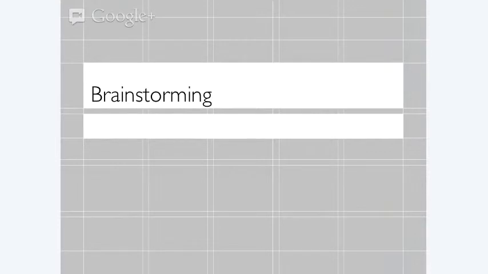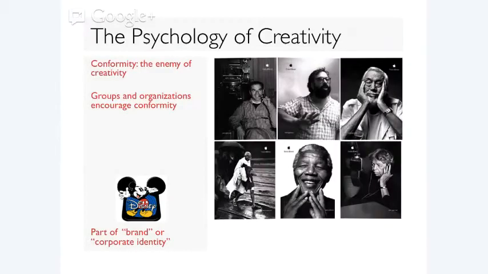So what we did see in there was this whole segment on brainstorming, generating hundreds of ideas. Since this is what we will spend next Monday on in class, I thought I'd just give you a little bit more material on brainstorming, and we'll start with the psychology of creativity.